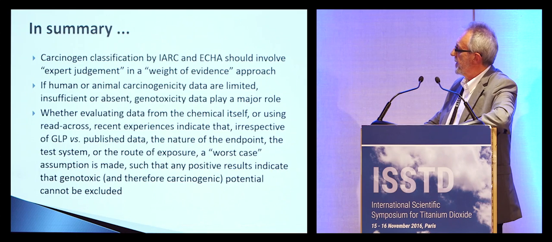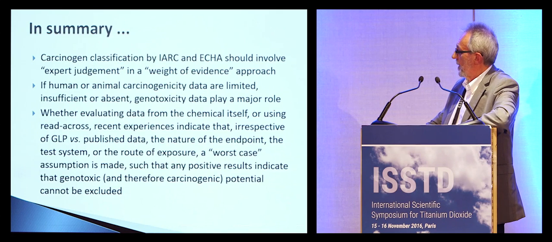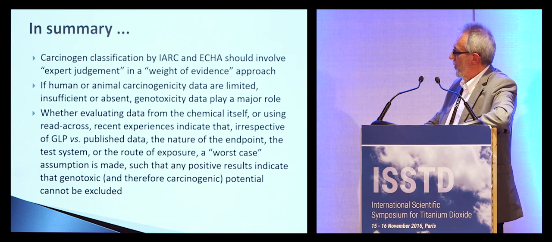Whether evaluating data from the chemical itself or using read across, recent experience indicates that irrespective of GLP versus published data, the nature of the endpoint, the test system, or the route of exposure, a worst-case assumption is made, such that any positive result seems to indicate that a genotoxic and therefore carcinogenic potential cannot be excluded.